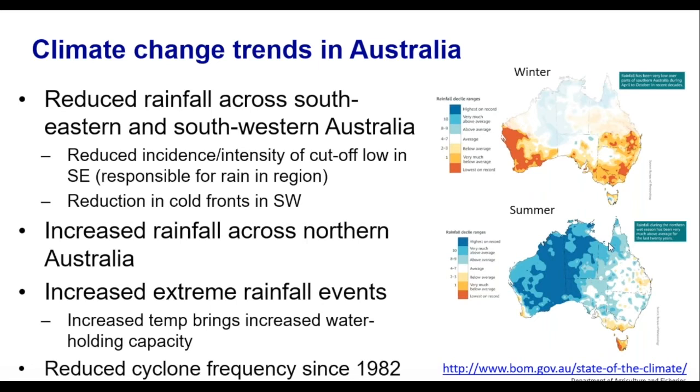In summer, we're seeing greater intensity of rainfall in the wet season. So we're getting more extreme rain and drought events. And there's actually been reduced cyclone frequency.